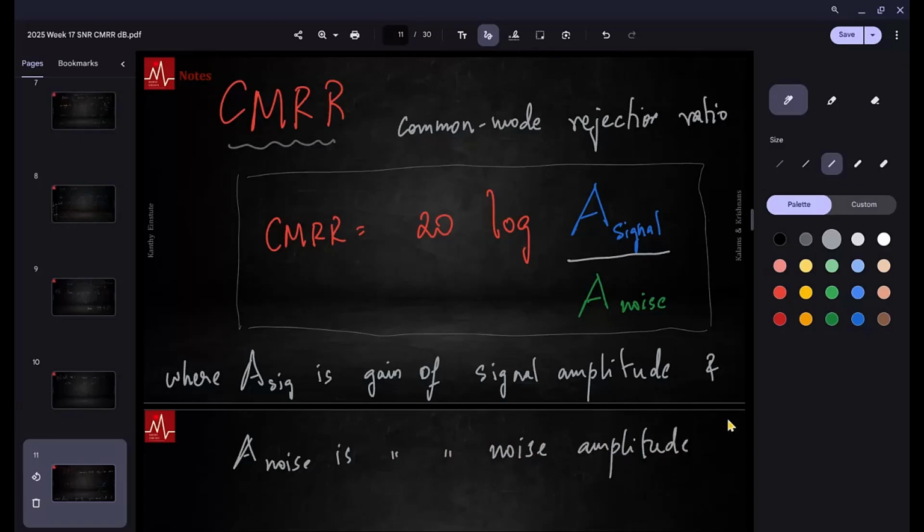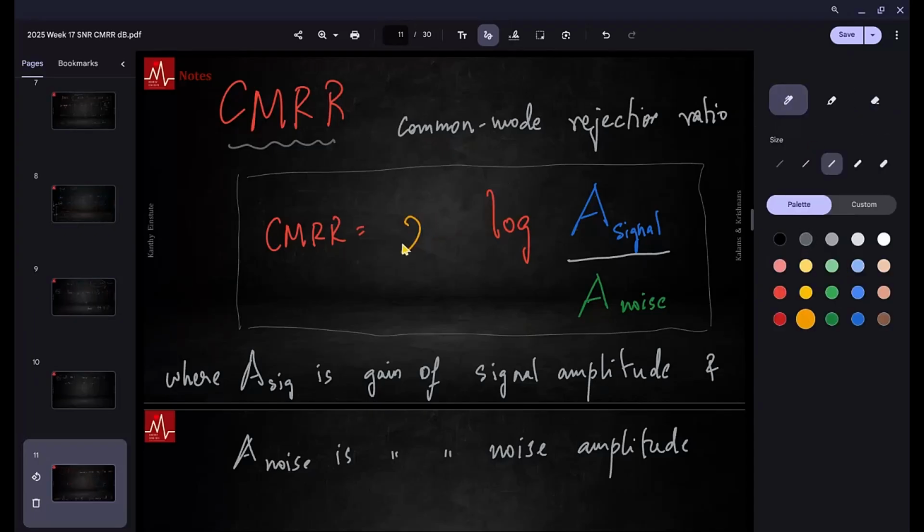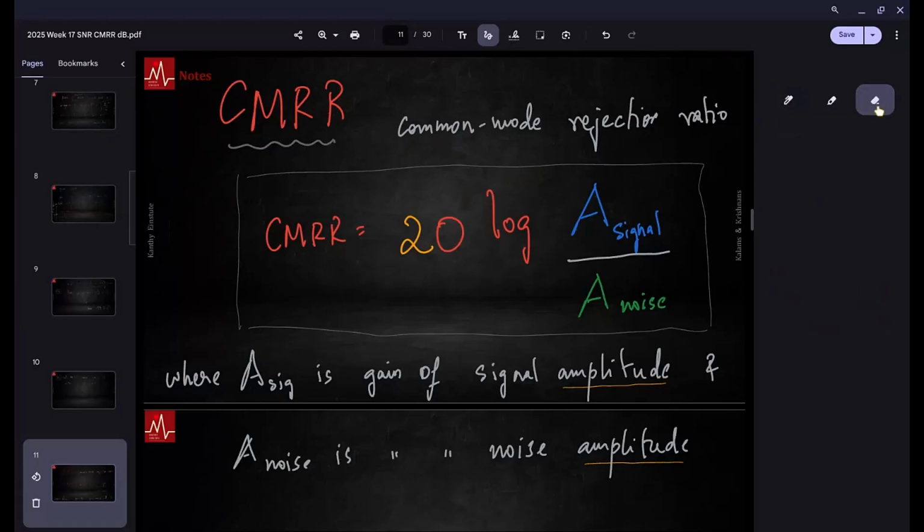I'm saying amplitude because if it's power, it would be 10. We are talking about amplitude. This is 20. Let me also highlight that point. Because we are talking about amplitudes, that is 20. This is your CMRR and this is in dB. CMRR in dB. Okay. In decibels, your CMRR is this.